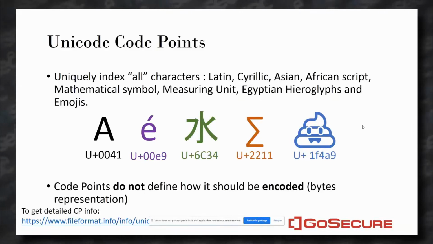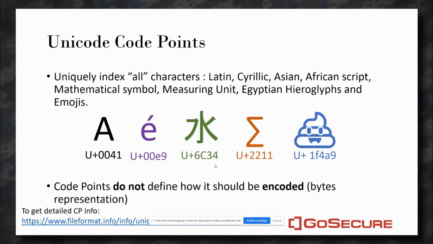For example, if we look at the third character, the green one, which is the Japanese character for water, 6C34 is not necessarily the representation in bytes of this character. This is the index of this character in Unicode.